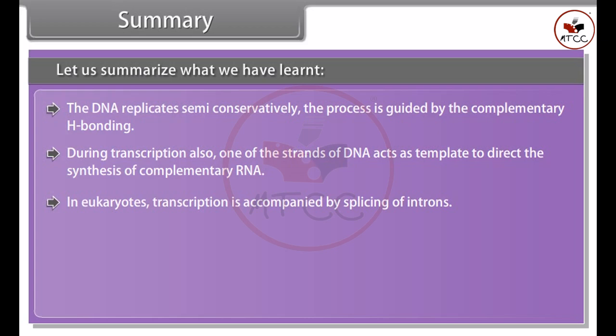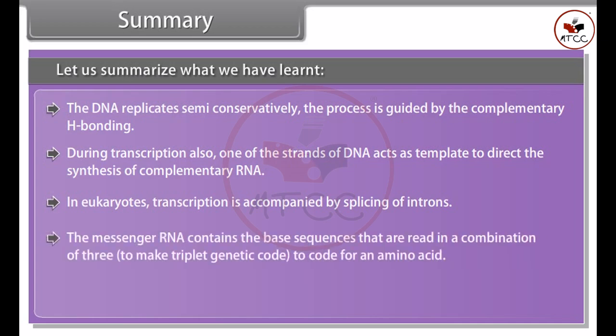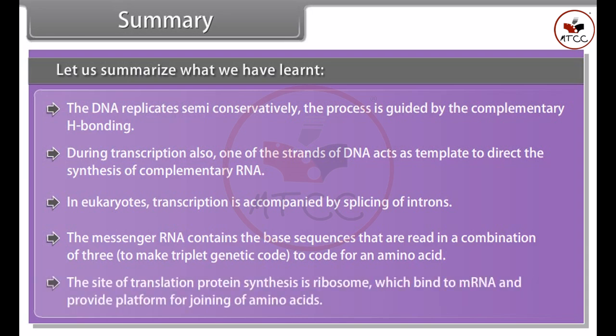In eukaryotes, transcription is accompanied by splicing of introns. The messenger RNA contains the base sequences that are read in a combination of 3 to make triplet genetic code to code for an amino acid. The site of translation, protein synthesis, is the ribosome, which binds to mRNA and provides a platform for joining of amino acids.